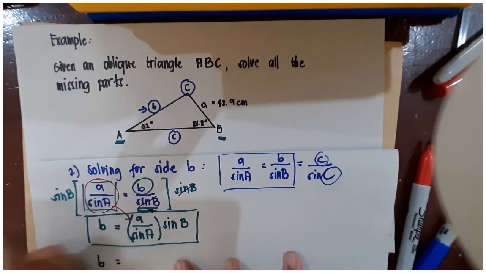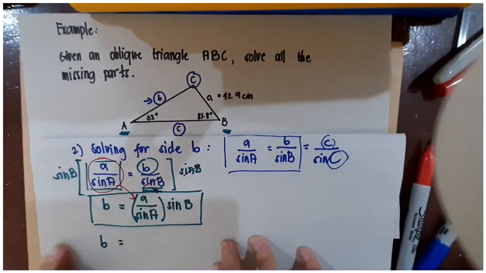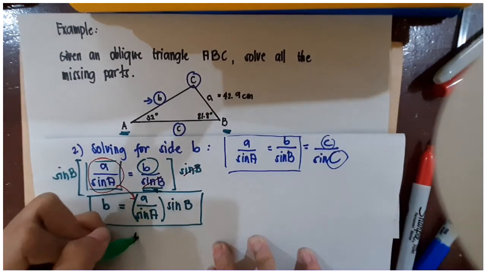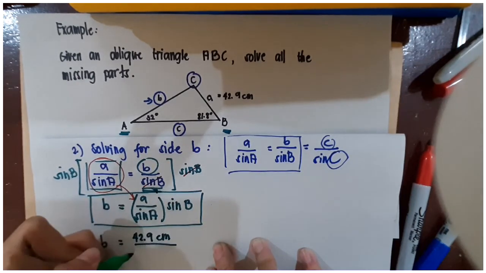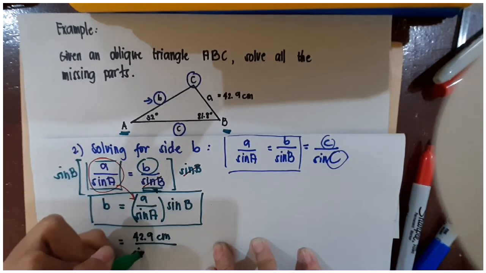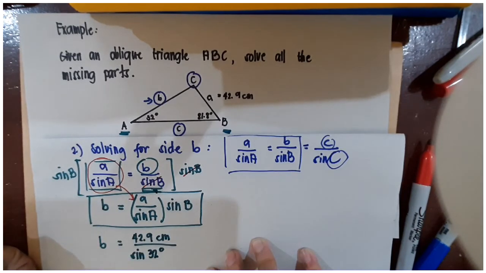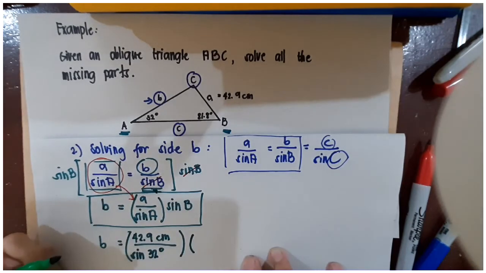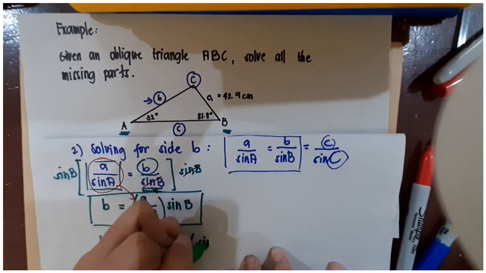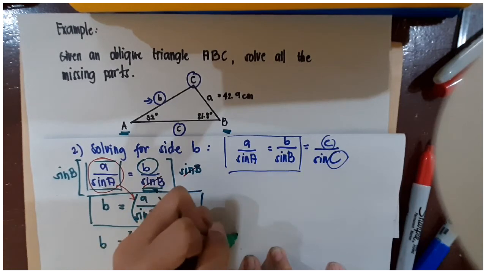B now is equal to, so A here is 42.9 over sine 32 degrees, and then you multiply it by sine 81.8 degrees.